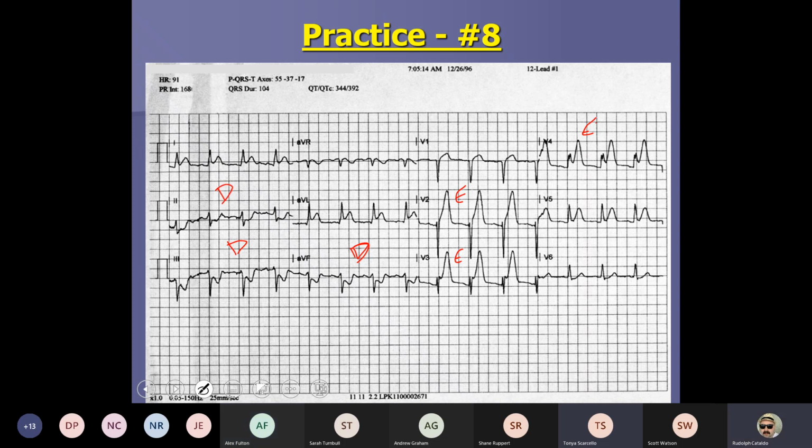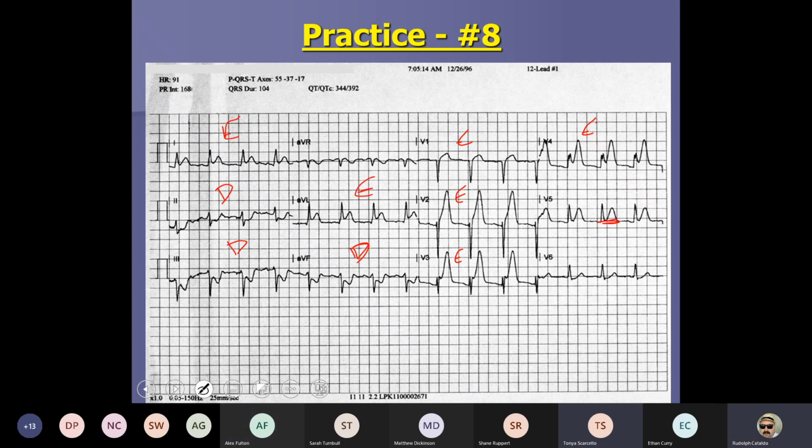Would everybody agree with that, or do we see elevation somewhere else too? V5. Okay. Maybe a tiny amount, maybe not enough to call in V5. Okay, sorry. V1. Okay, I would go with that. V1. Where else? 1 in AVL.